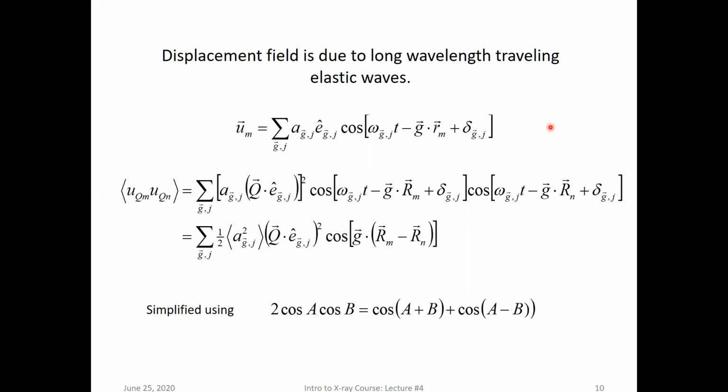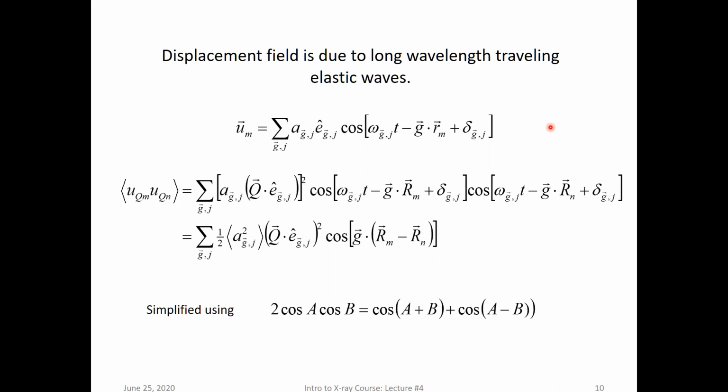So let's put in some numbers and think about what these displacement fields would look like. One case that we're very interested in is the case of phonons, elastic waves propagating through the crystal.